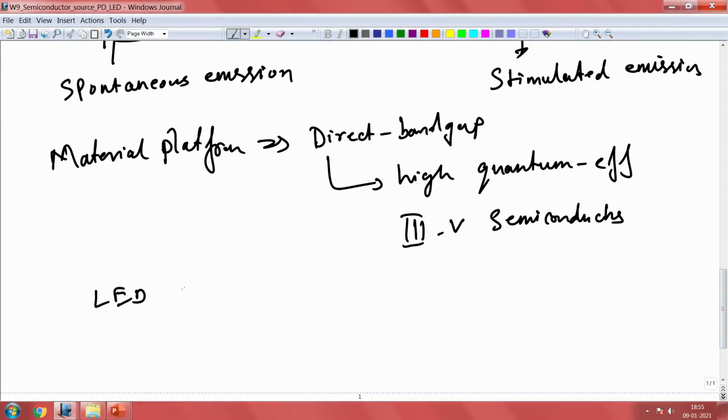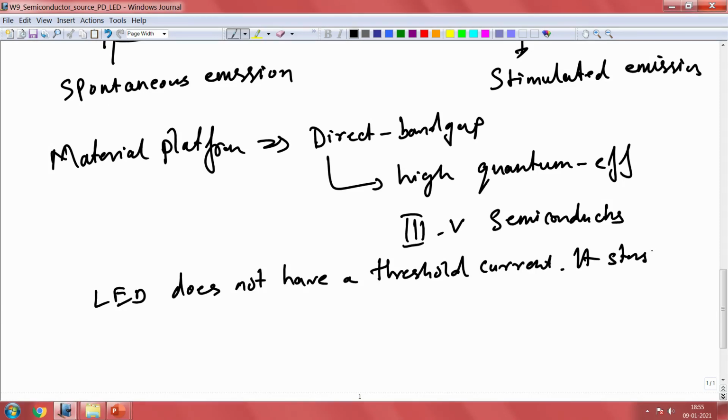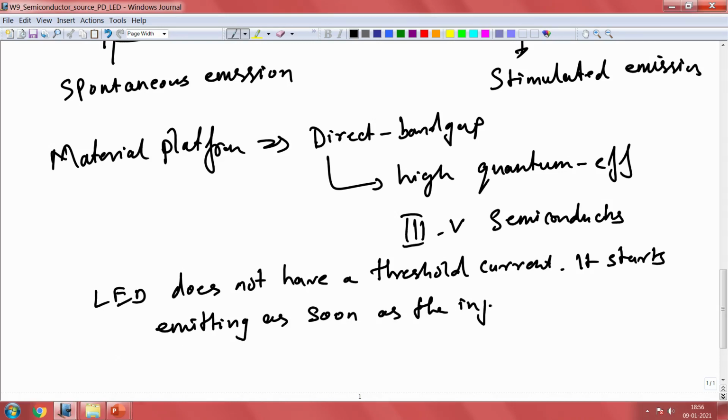LED does not have a threshold current. It starts emitting as soon as the injection current flows.